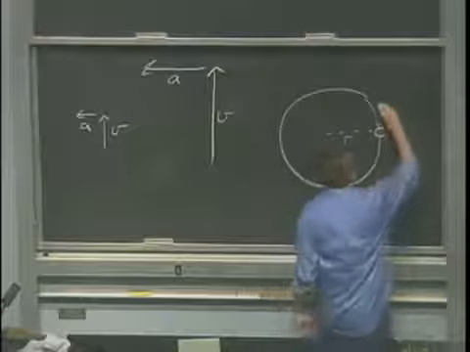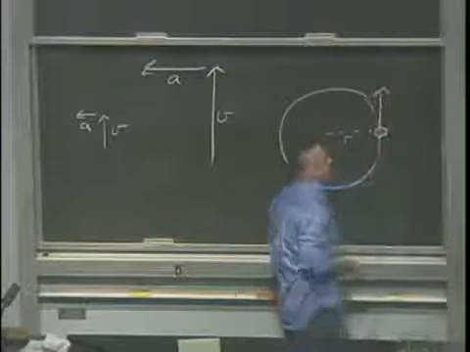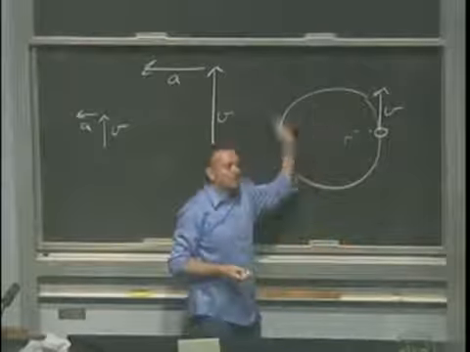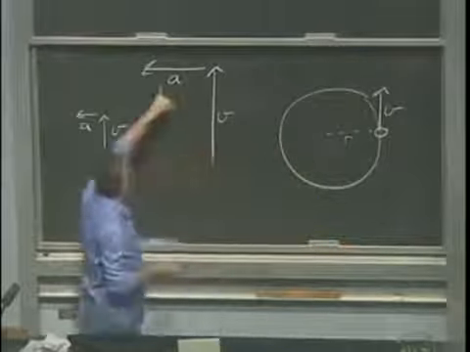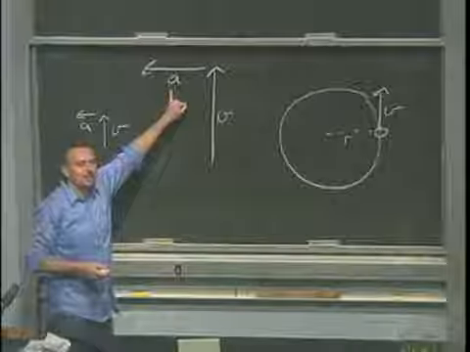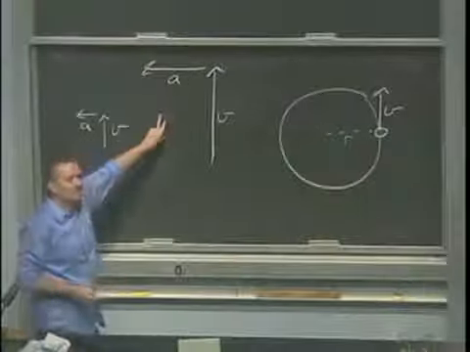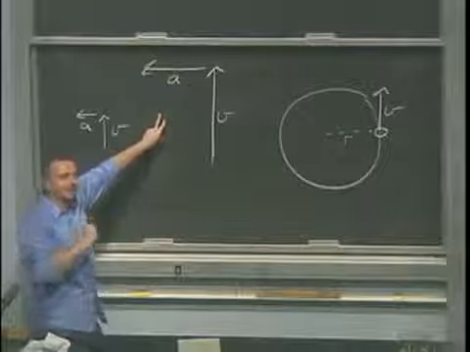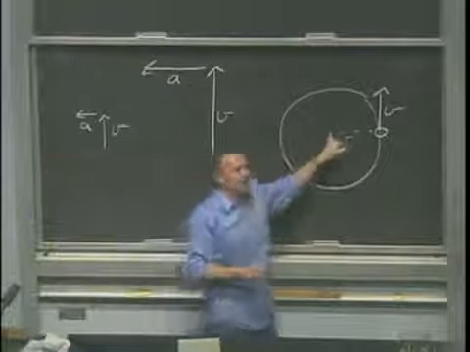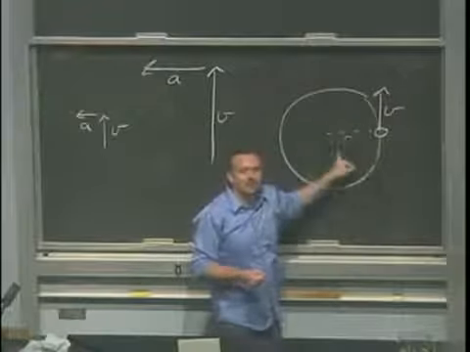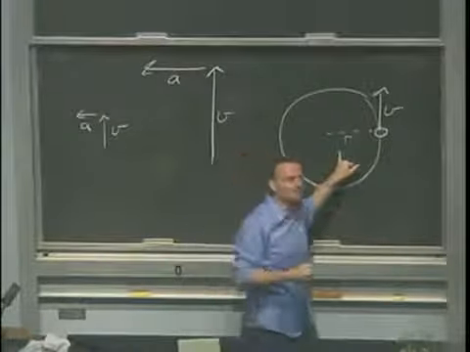The larger the velocity is that this is going around in, the shorter the amount of time that the acceleration has to turn it. So this one is saying we also need a larger acceleration just because the amount of time we have to change the velocity and keep it moving in a circle is shorter.